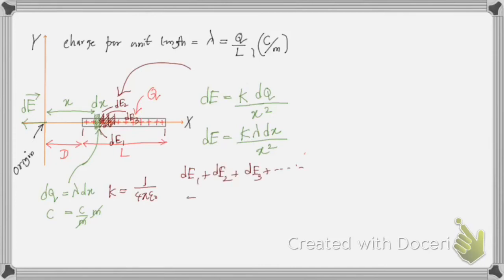If you add all the segments together, then you will get the resultant electric field E. Now, since the length of each segment is the same, the amount of charge on each segment is the same. So there's a much easier way to do this calculation, and that is called integration. Now let me show you how to use integration to get the resultant electric field.